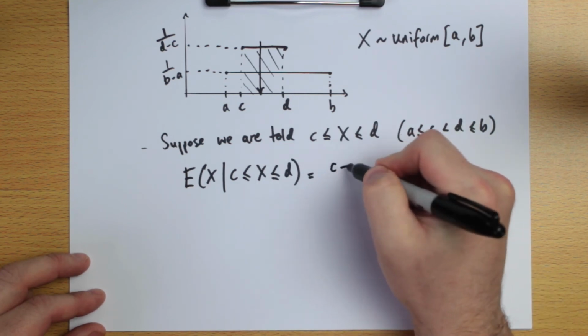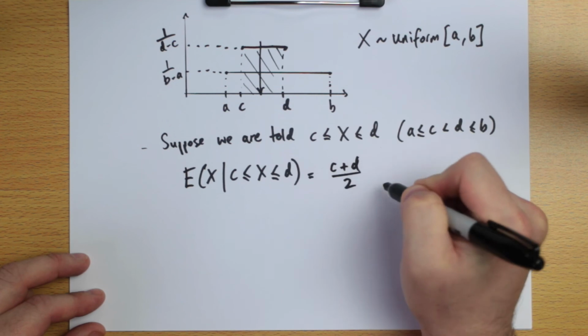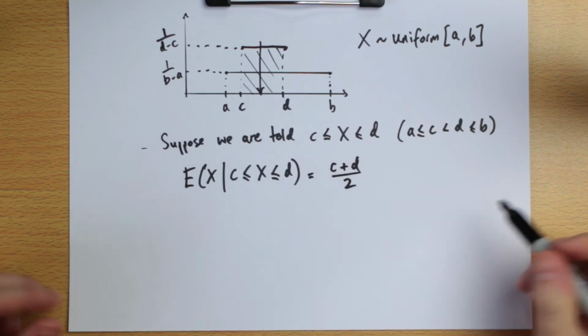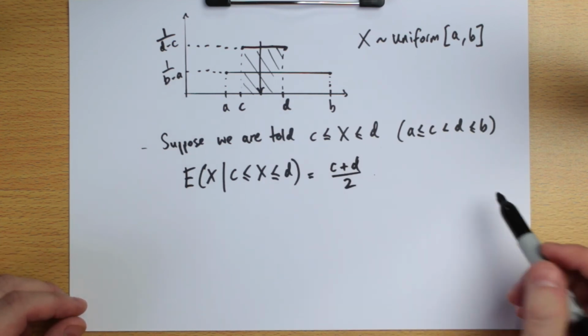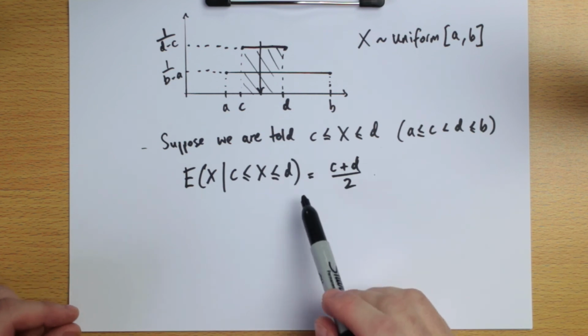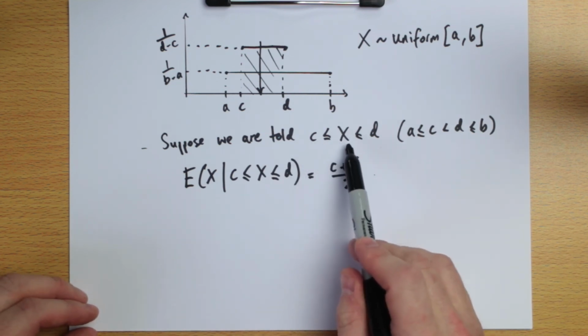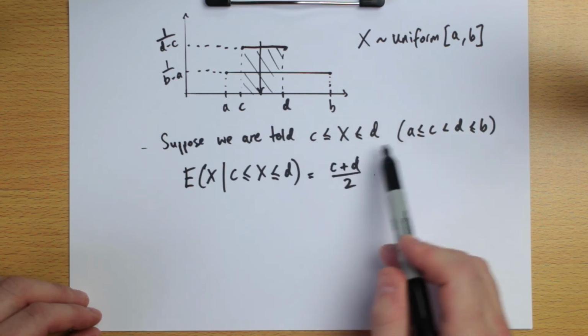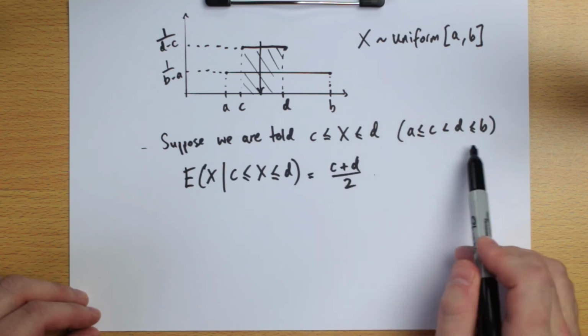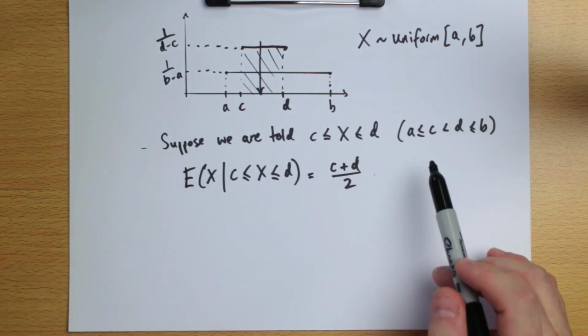So it's going to be c plus d divided by 2. That's how we would calculate the conditional expected value, conditioning on the fact that x takes a value between c and d, which are between these values of a and b.